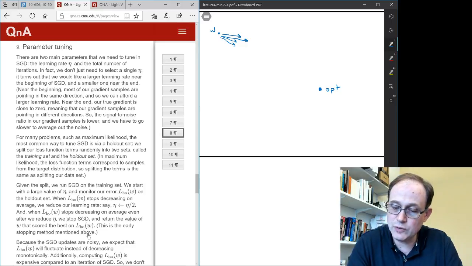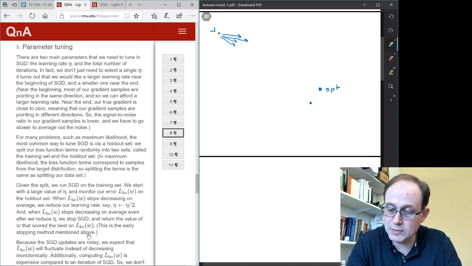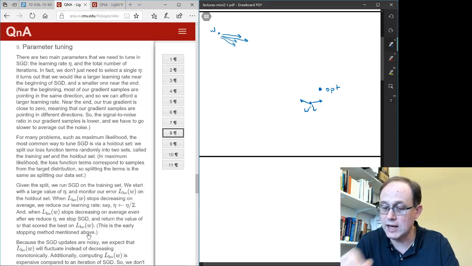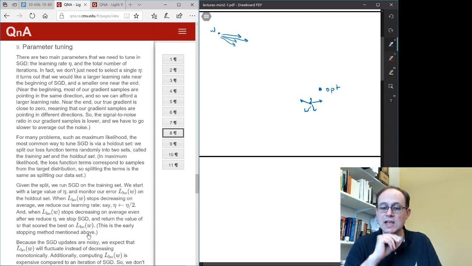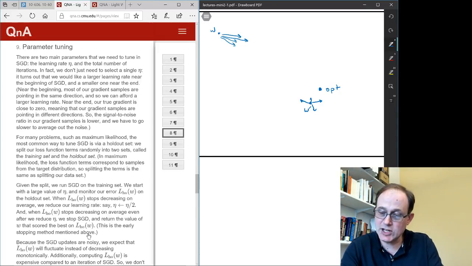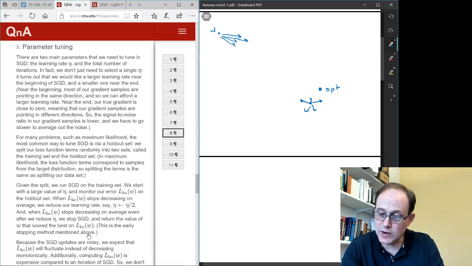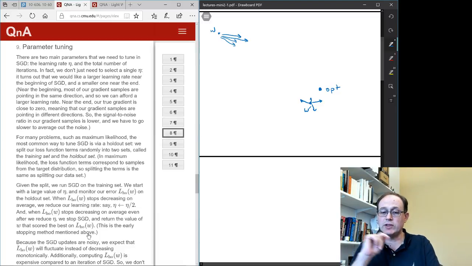On the other hand, if we are close to the optimum, we'll call that W prime, it could be that we have one gradient sample pointing that way, another one pointing that way, and another one even pointing that way. Maybe on average, more of them are pointing in the direction of the optimum, because the expectation has to be pointing in the right direction.